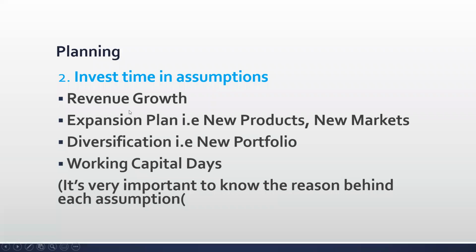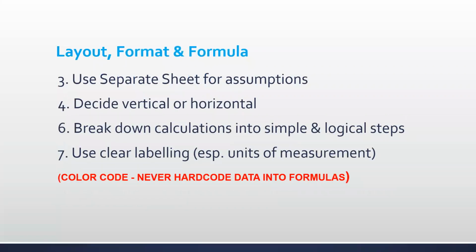All right. So after the assumptions, then you have to plan or format your financial model. In formatting your financial model, there are some best practices. One is to use a separate sheet for the assumptions.